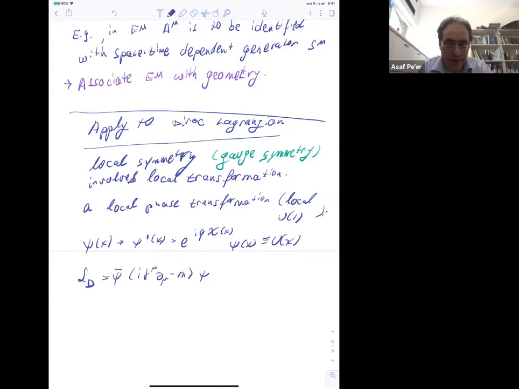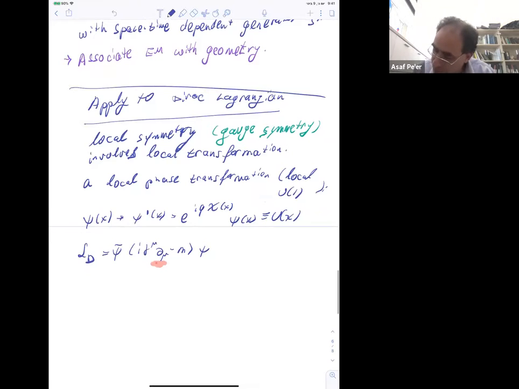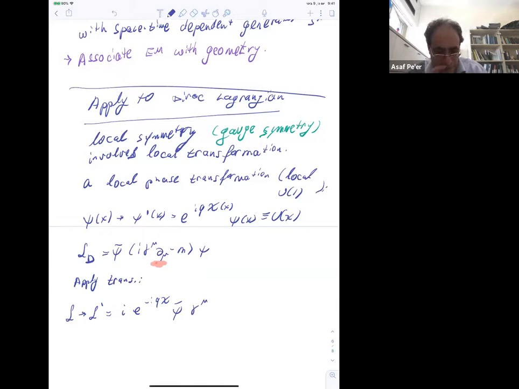Now we have a local nature of the gauge transformation, so I cannot just commute the phase with the parenthesis, because I have the derivative ∂_μ inside it. Applying the transformation, L goes to L prime, which is i, now psi bar is e^{-iqχ} psi bar, gamma^μ, and then ∂_μ psi, but psi goes to e^{iqχ} psi.